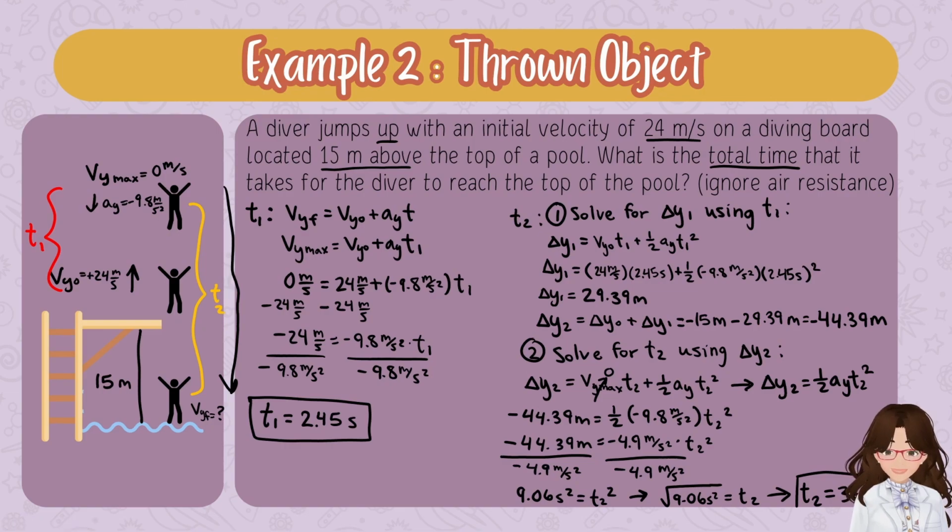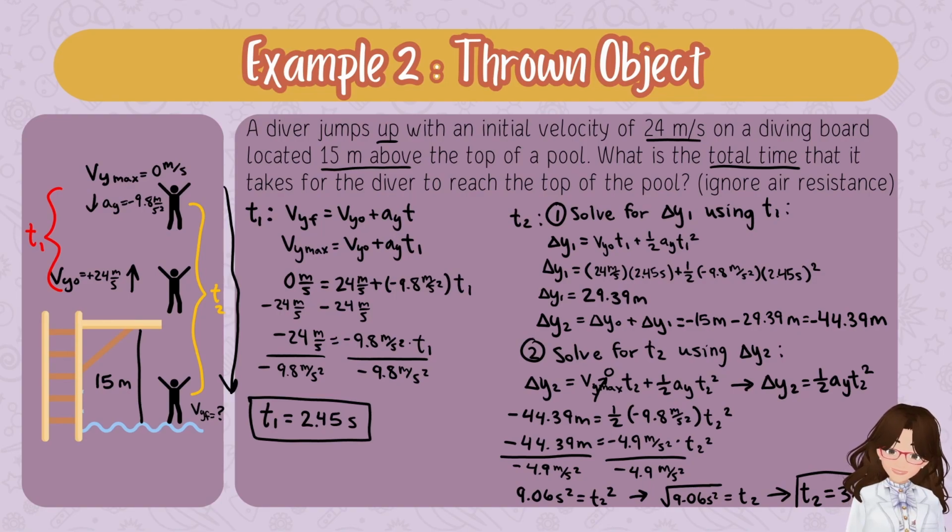I hope that this is helpful for you because I would say these are one of the more complex questions that you may run into where you need to strategize and figure out how you're going to get to the ultimate solution. We now have the time that it takes for the diver to go from the diving board up in the air to their maximum height. That's T1.